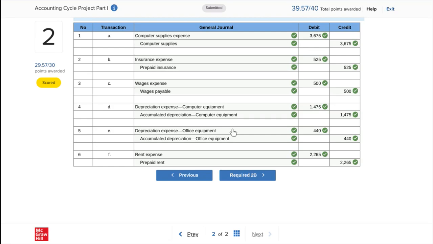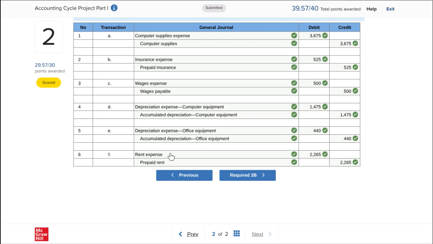For the 3 months of October through December it was used, this equaled $440, and in the entry I debited depreciation expense office equipment and credited accumulated depreciation office equipment for the $440.